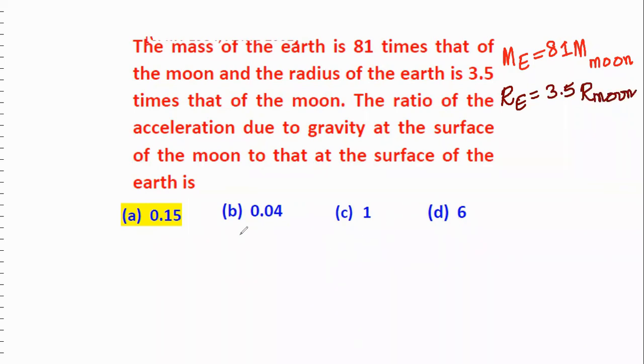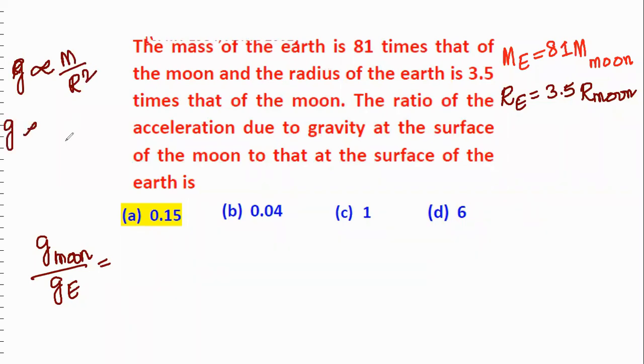Then the ratio of the acceleration due to gravity on the surface of the Moon to that on the surface of the Earth. So what is the formula? g is proportional to M divided by r square. So g1 by g2 is equal to M1 by M2 into r2 square by r1 square.